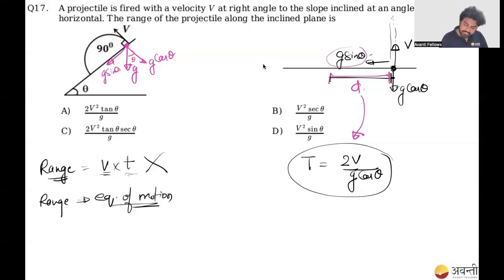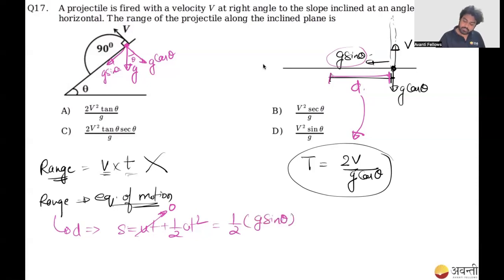For calculating range, we can use s equals ut plus half at square. Since there is no velocity in the horizontal direction initially, the initial velocity u is 0. So s equals half, acceleration is g sin theta, into time squared, where time is the time of flight, 2v upon g cos theta, whole square.